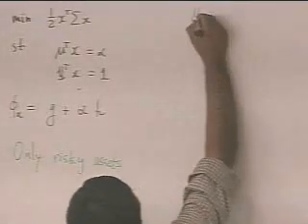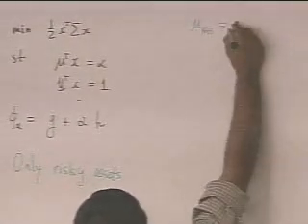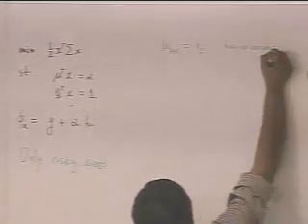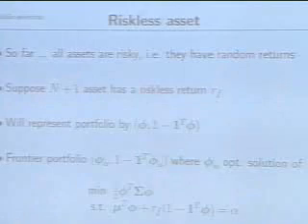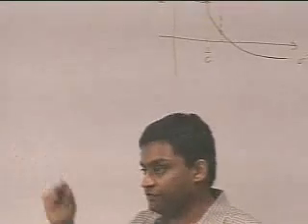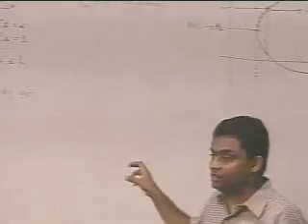So the mu of n plus 1, meaning the expected return on the n plus 1th asset, is exactly equal to Rf, but it has no variance. It doesn't have any contribution to the matrix sigma. Its diagonal entry there is 0. It doesn't have a variance. And in our computations so far, we had to take the inverse of that sigma. In order to find out what the efficient frontier looks like, we had to invert the matrix. If I have an element 0 sitting there, I can't invert it.